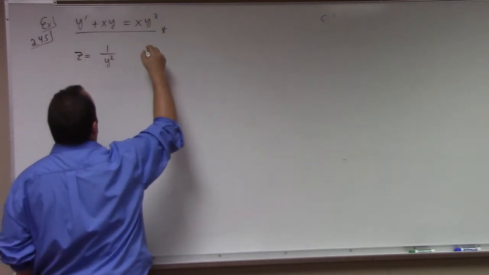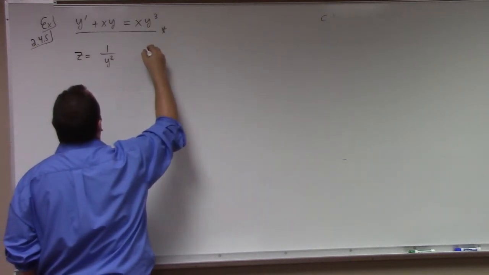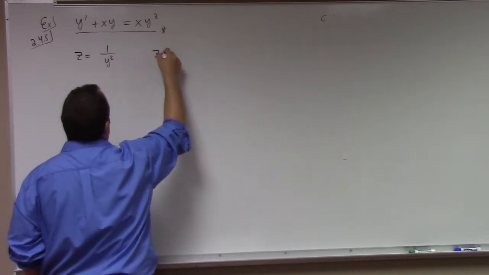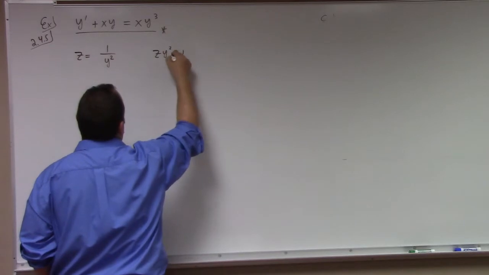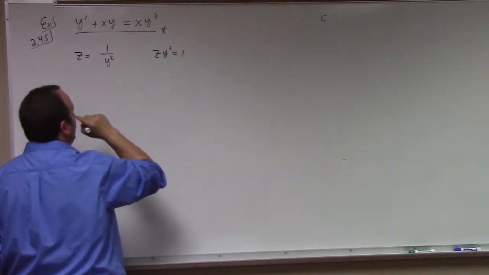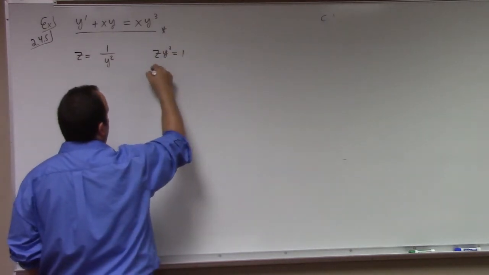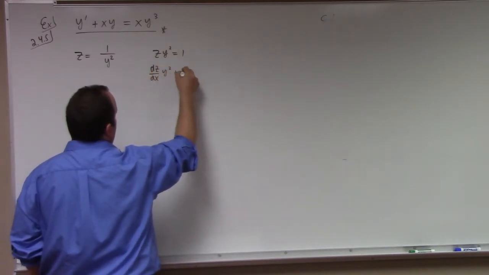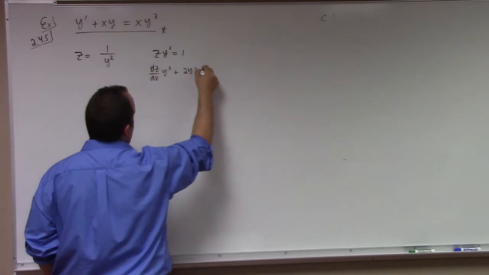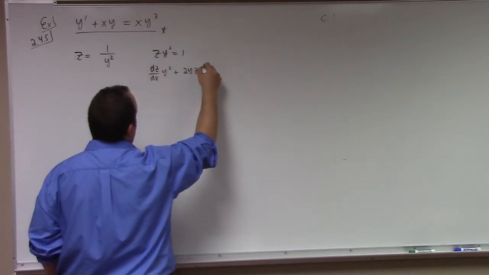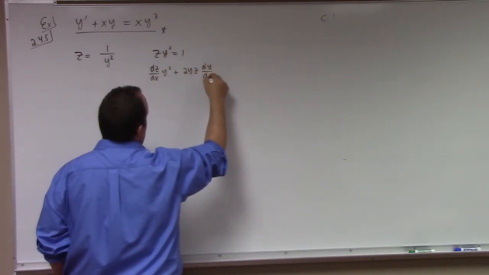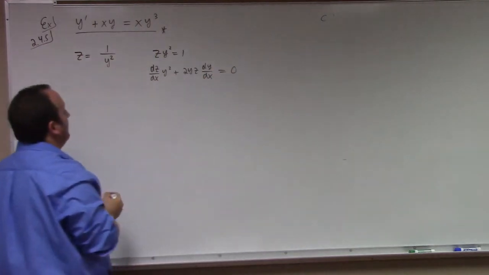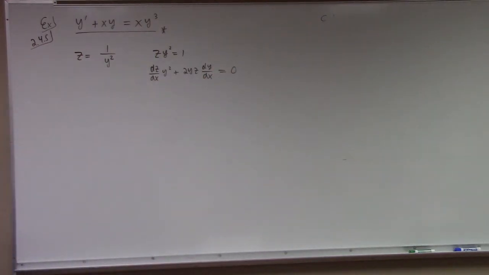Okay, so what's that mean? Among other things, it means that zy squared is equal to 1, right? So you could differentiate this. What's that tell you? It tells you dz dx times y squared plus 2yz dy dx is equal to 0, right?